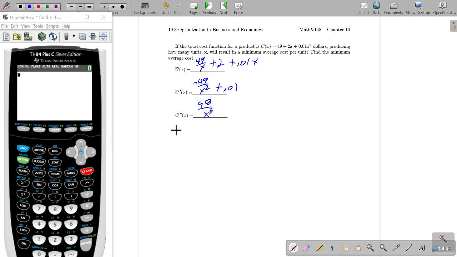So where does c bar prime of x equal 0? So that would be negative 49 over x squared plus 0.01 equals 0. 0.01 equals 49 over x squared. So x squared equals 49 over 0.01.